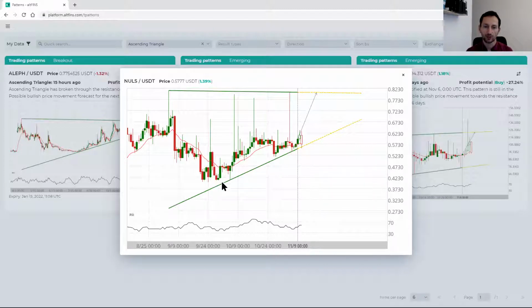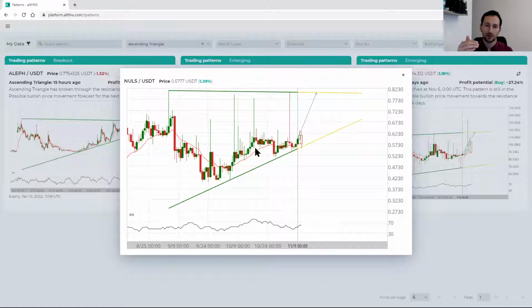But as you'll notice, in this case, this is an ascending chart pattern, which is formed by a relatively flat or horizontal resistance trend line and an upward sloping support trend line. As you'll see, the buyers are willing to step up increasingly at a higher price.